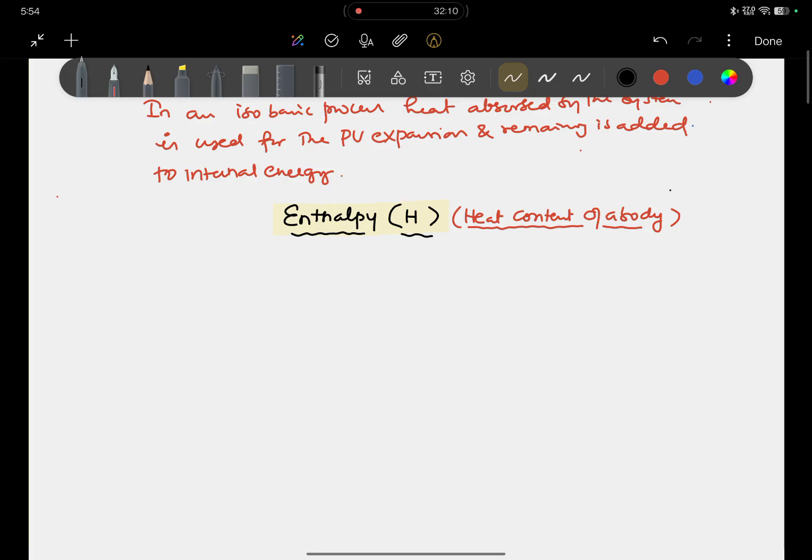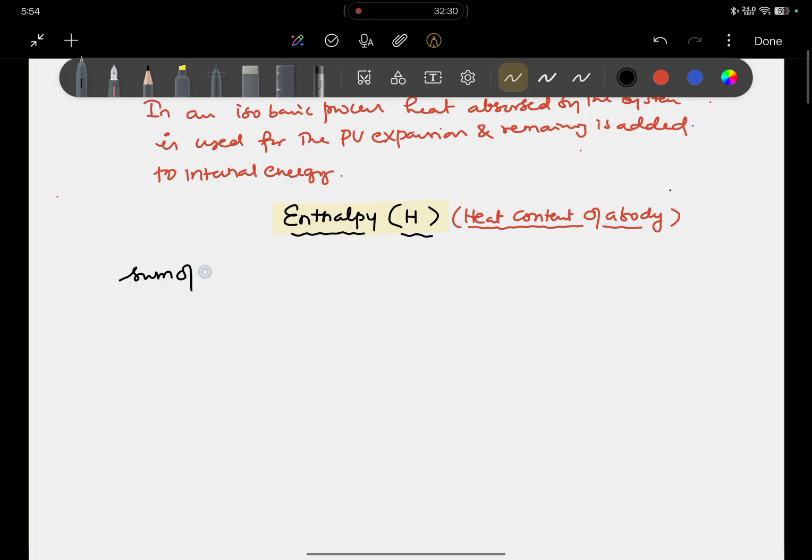A body has some amount of heat in it, and that heat content is called enthalpy. So it is a thermodynamical property which talks about the heat content of a body. Is that clear? So how do you define it?